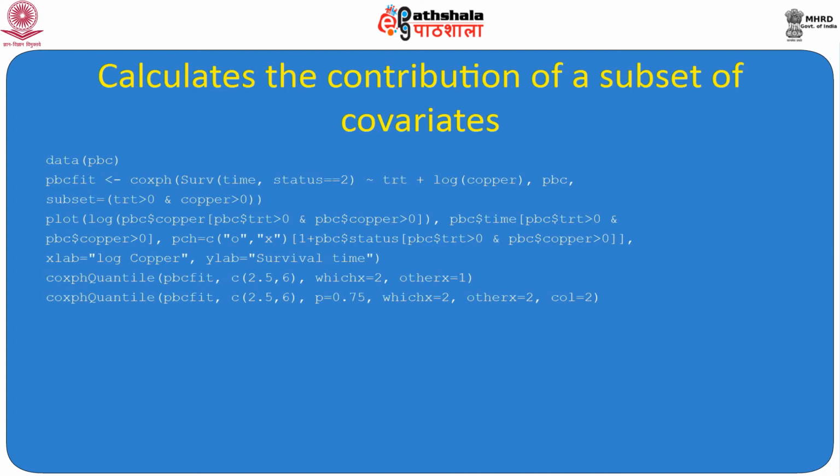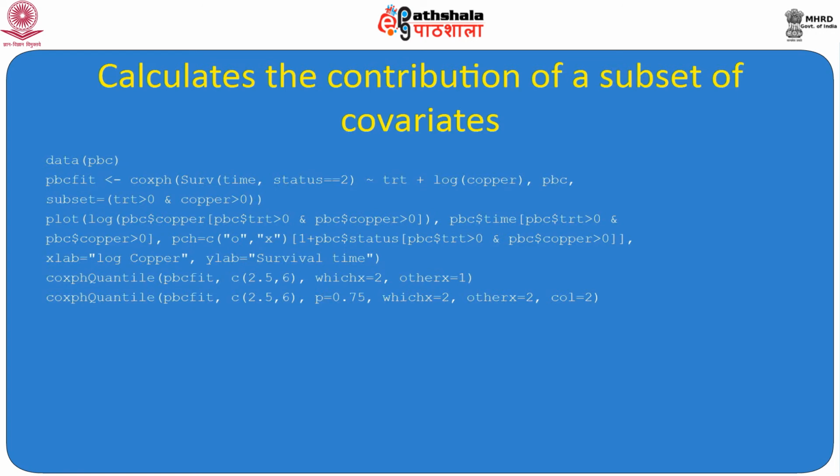For the type of line we are putting pch into the command. There are so many options. Here we are putting the O and X options, and for xlab we are putting the log of copper value, and for ylab we are putting the survival times. In the next slide we will see the graph.